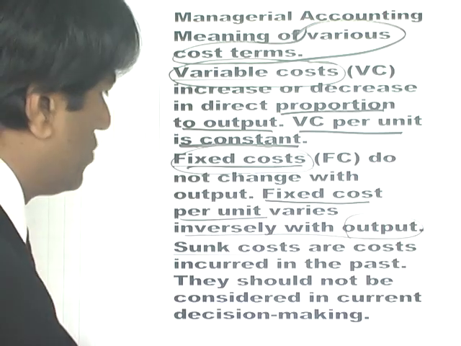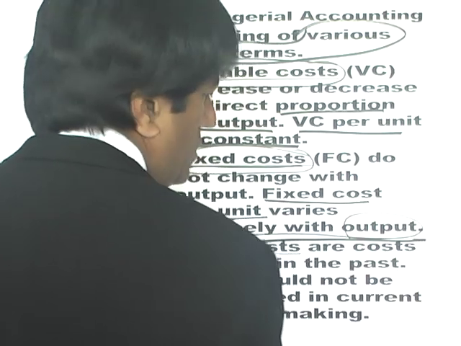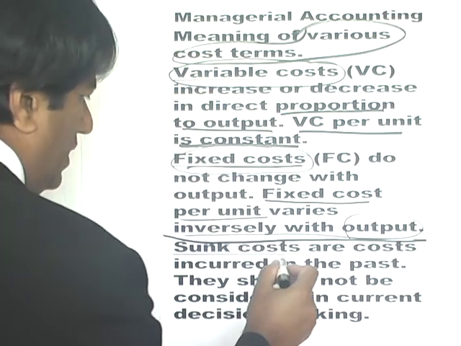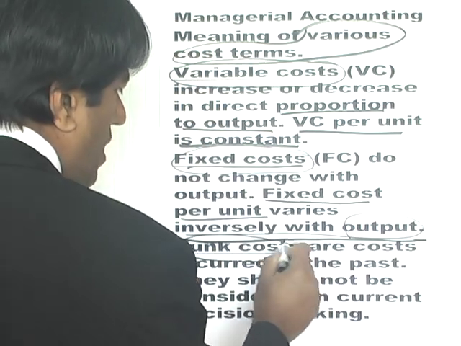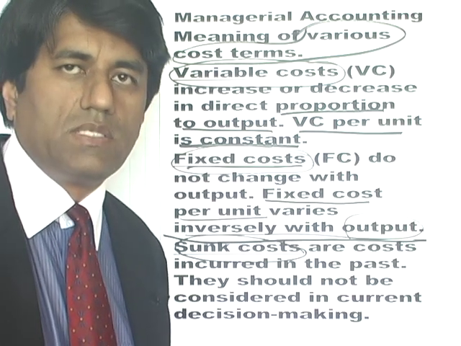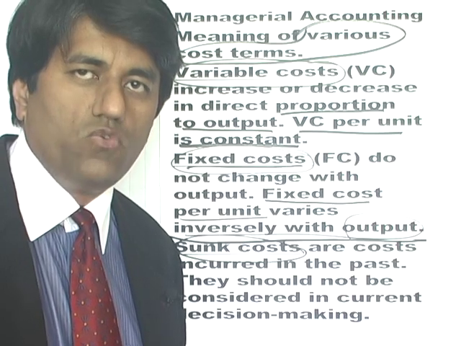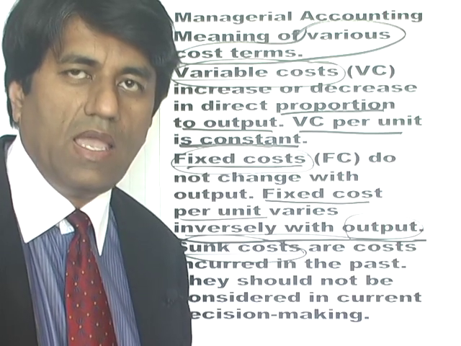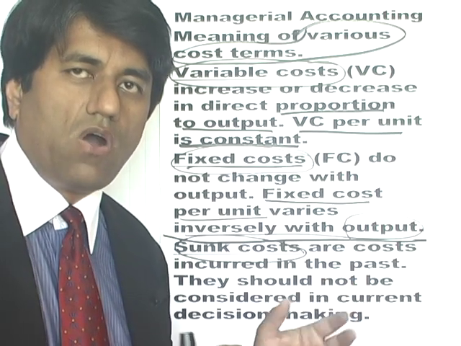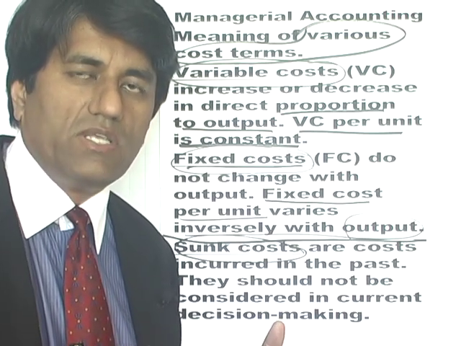And now we come to some other kinds of costs. The first one is a sunk cost. A sunk cost is a cost that has been incurred in the past. So when you're making a decision whether you do something or you don't, if the cost is in the past, then it's not going to be affected by your decision.